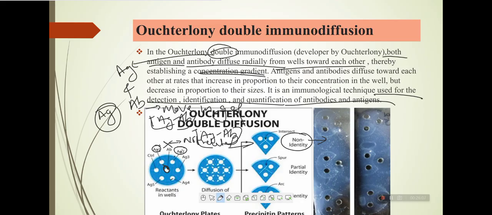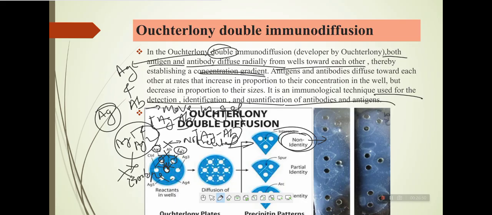It means they share no common epitope. If this antigen binds to this antibody, then the other antigen will not bind, because there is no common epitope in these two antigens. Antigen 1 and antigen 2 have no common epitope or similarity, so they show non-identity.